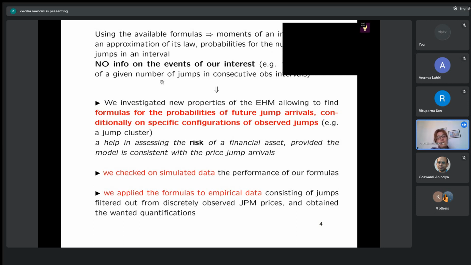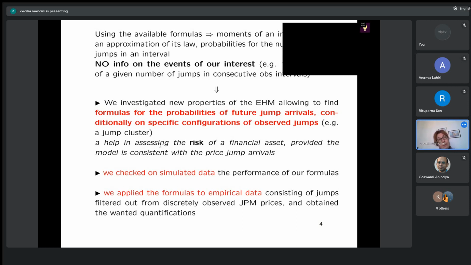For instance, the occurrence of a given number of jumps in consecutive observation intervals, that we will see later. So what we did is investigating new properties of the exponential Hawkes model, allowing to find the probabilities of our interest. That is, the probabilities of future jump arrivals conditionally on having observed specific configurations of previous jumps.